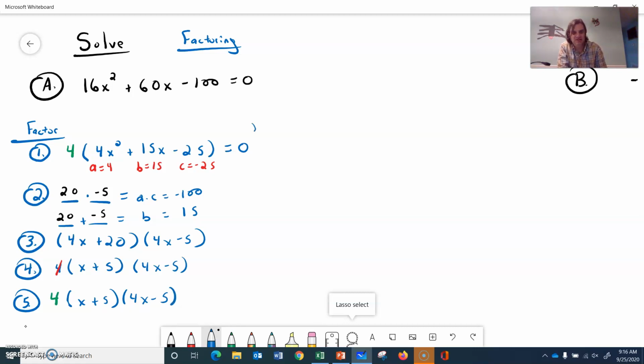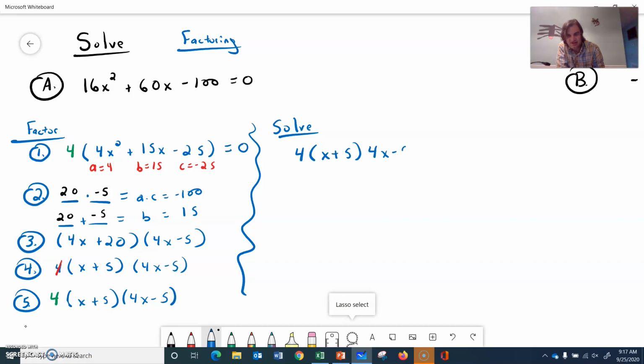So let's come over here and let's solve it. So we broke this thing up top down into 4 times x plus 5 times 4x minus 5, and that would be equal to 0. So technically here we've got 3 different factors. We've got 4, we got x plus 5, and 4x minus 5.